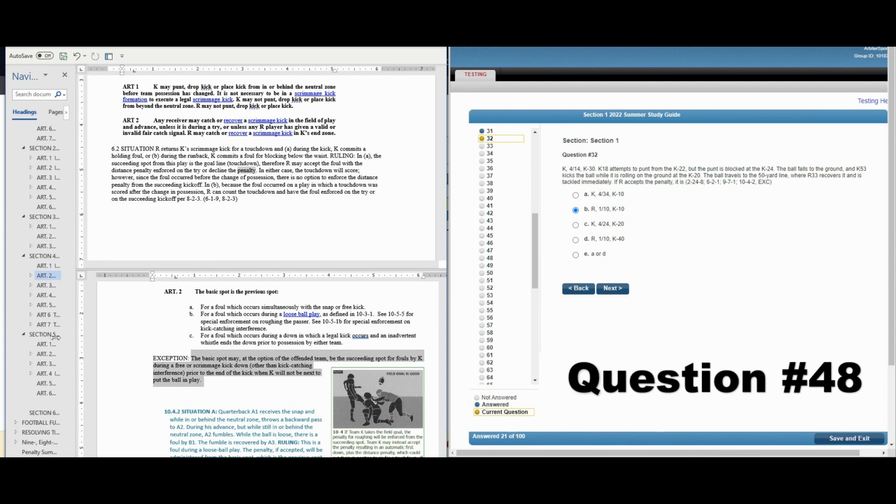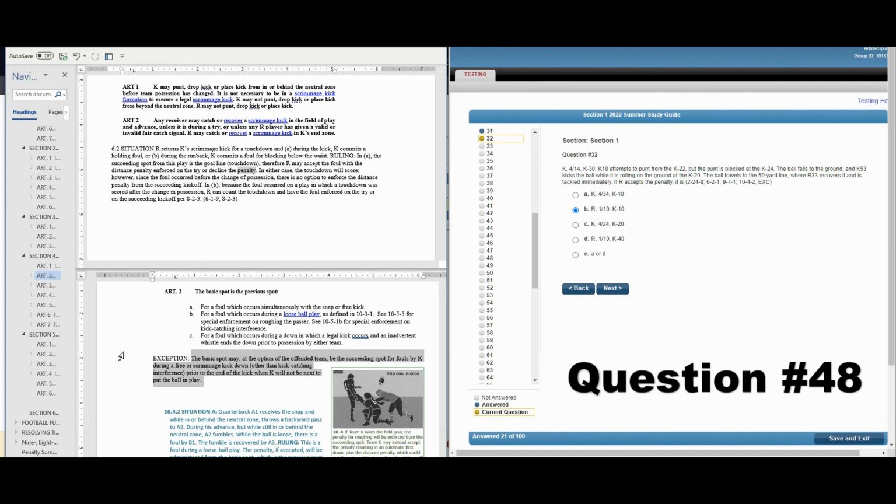We've talked about this one already. So this is a safety rule, and basically we're trying to limit the number of kicks. So if R wants to take the penalty and tack it on from the enforcement spot, then they can do that.